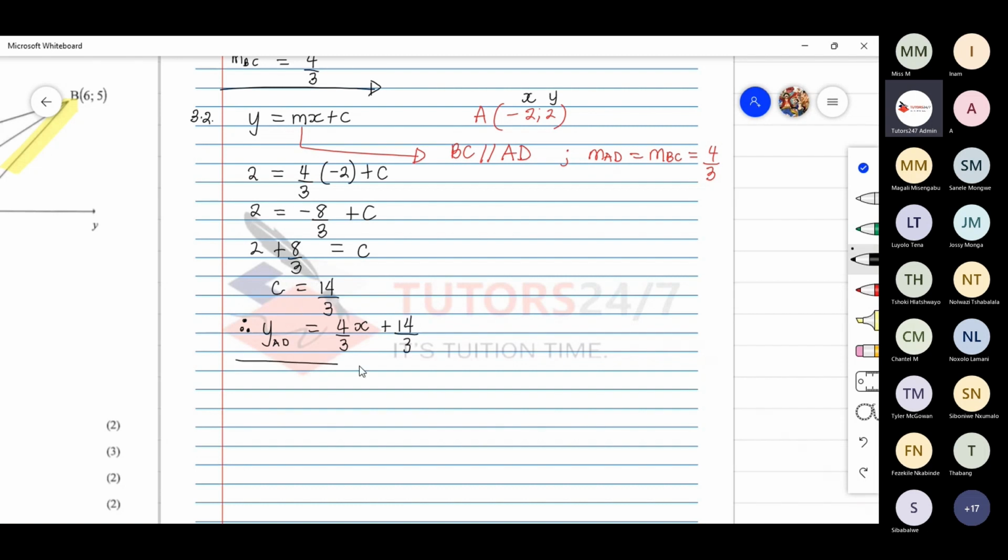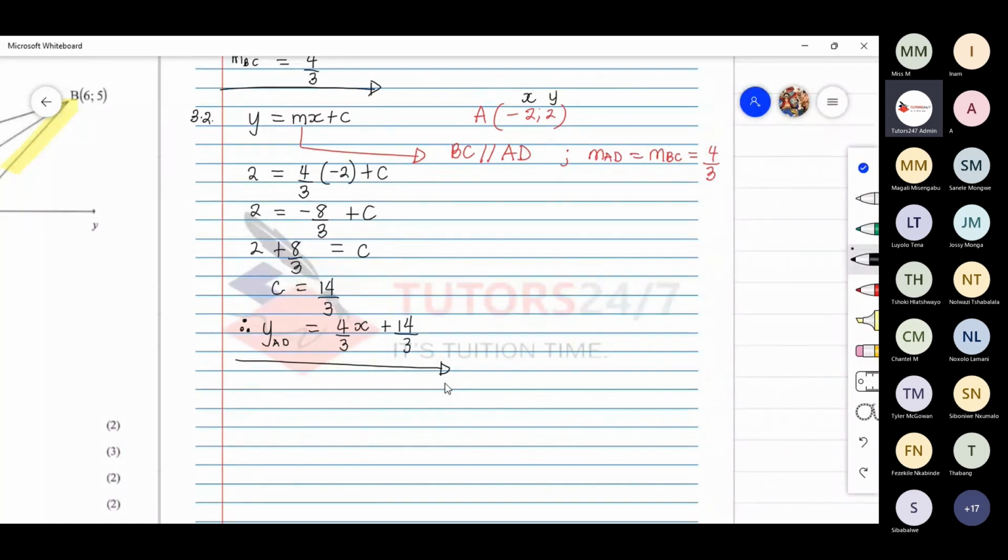That is our equation of the straight line AD. All we needed was to find our value of C by substituting our gradient, our x value, and our y value. That allowed us to obtain C. Once we've obtained C, we were then able to substitute our gradient and our constant and our C value.